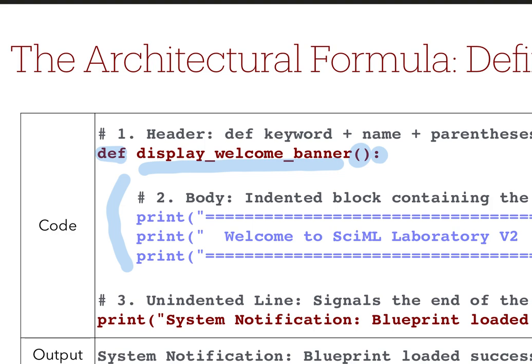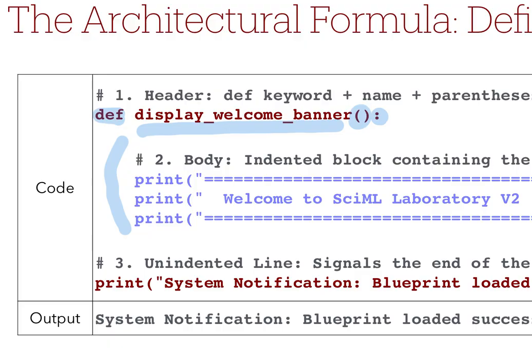Those indented statements will be the action that this function will perform when it is called. So in this case, this function will print 3 times with appropriate text strings.